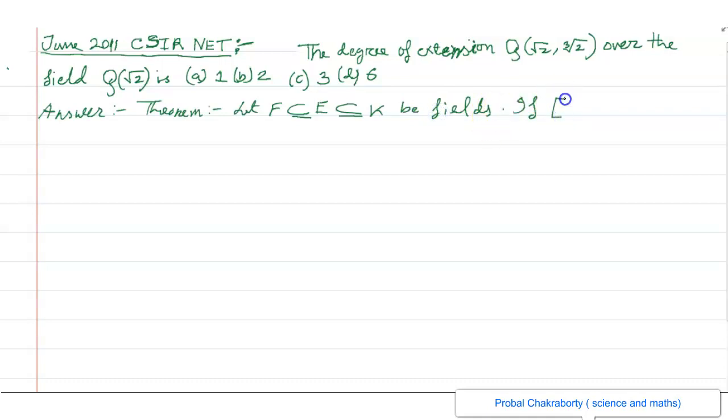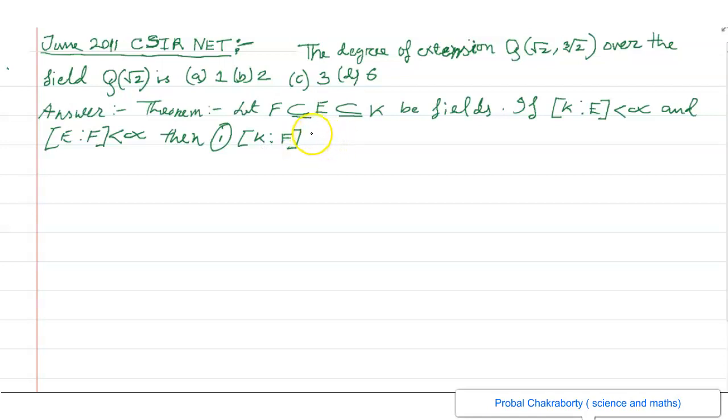If the degree of the extension of K over the field E is less than infinity and the degree of the extension of E over F is less than infinity, then number 1, the degree of extension of K over the field F is less than infinity, and number 2, the degree of K over F equals the degree of K over E times the degree of E over F.